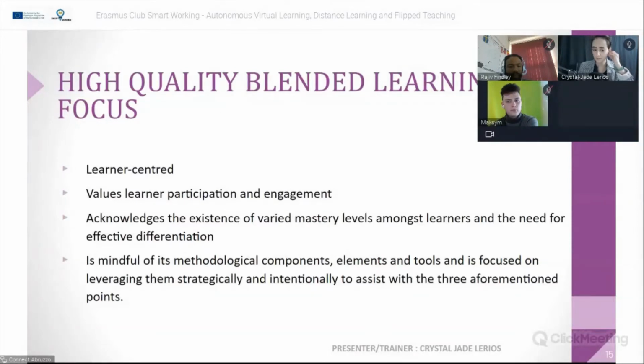So having said that, blended learning is mindful of its methodological components, elements, and tools, and is focused on leveraging them strategically and intentionally to assist with the 3 aforementioned points. Next slide, please.